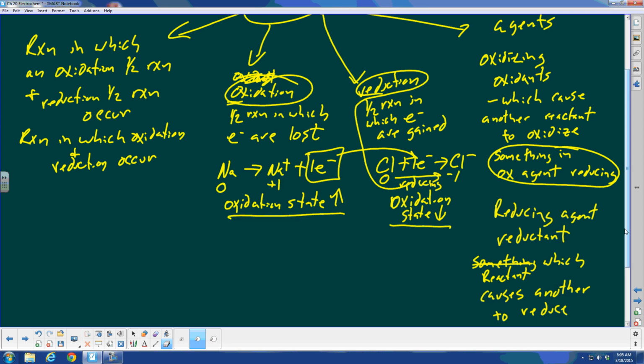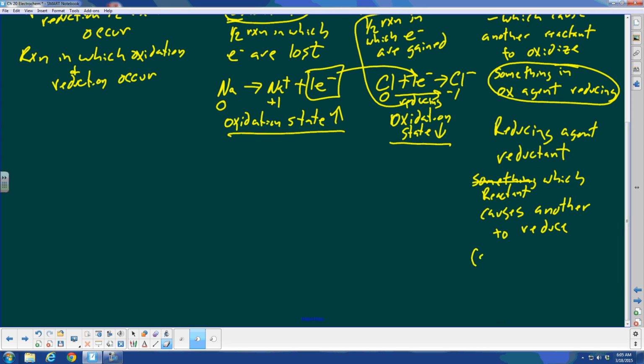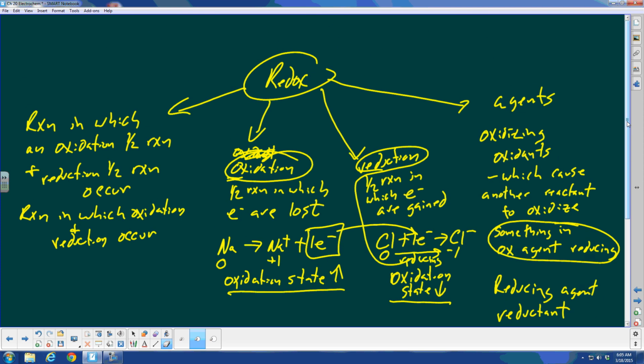And if it causes something else to reduce, that means something in my reductant must be oxidizing. Good. So I think that's my general overview of redox.